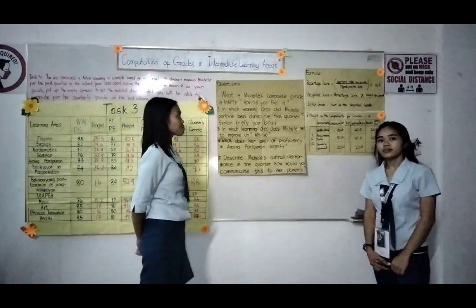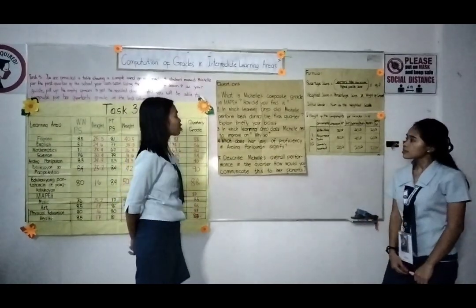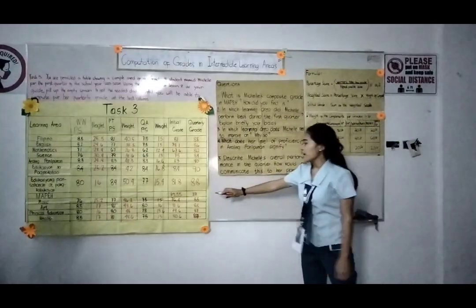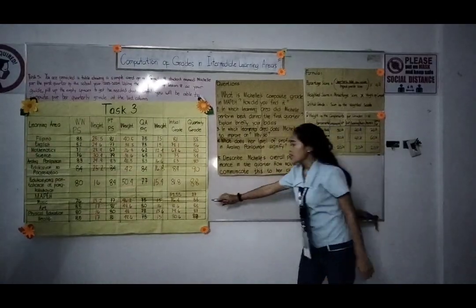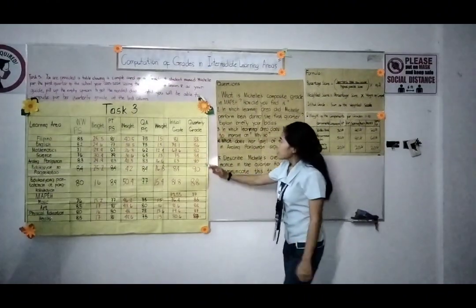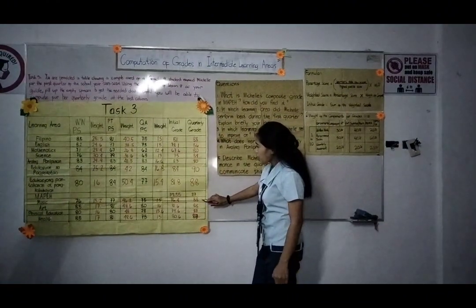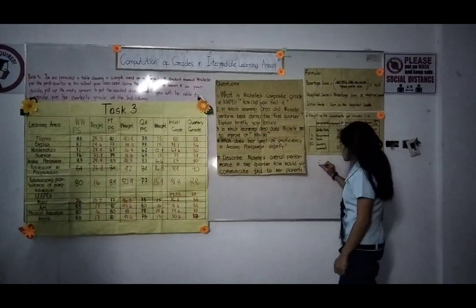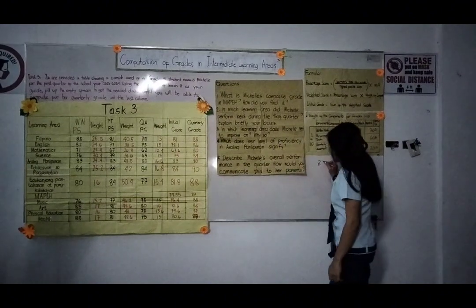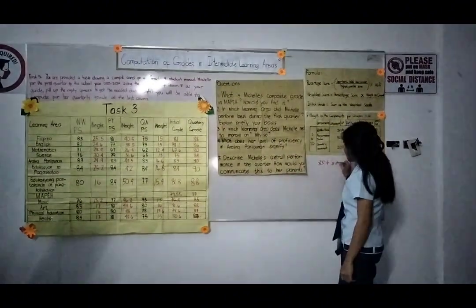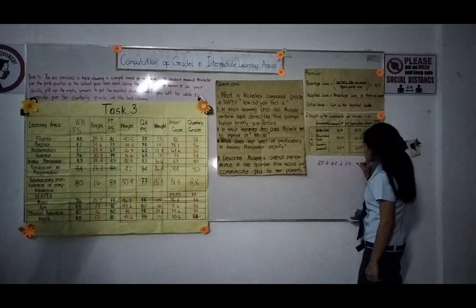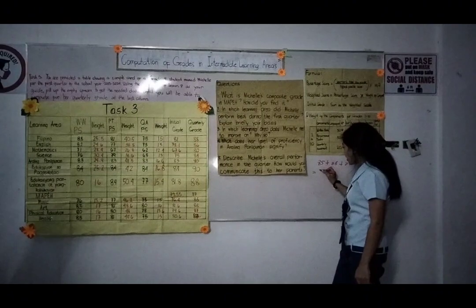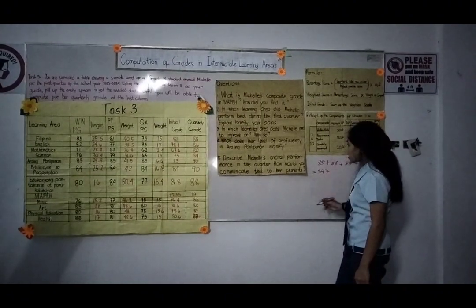Number 1. What is Michelle's composite grade in MAPEH and how did you find it? Michelle's composite grade in MAPEH is 87. How did I find it? We have to add all the quarterly grades from music to health, which is the 85 plus 88 plus 87 plus 87 is equal to 347.